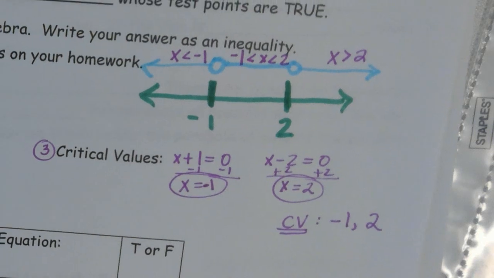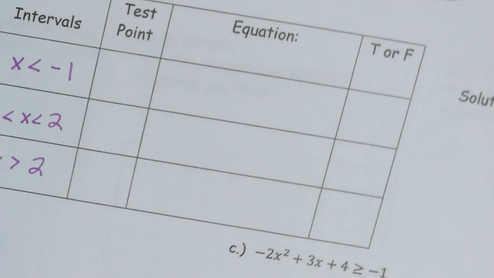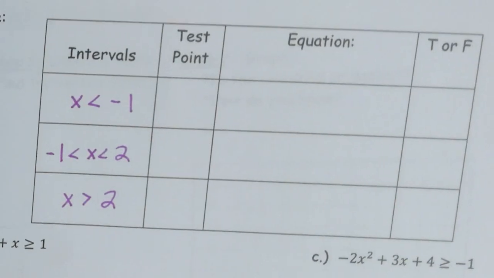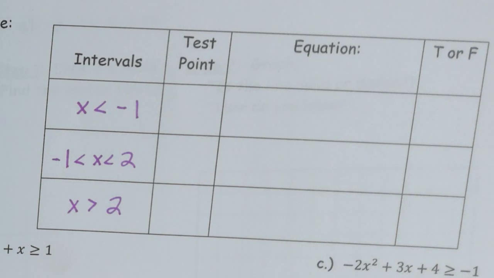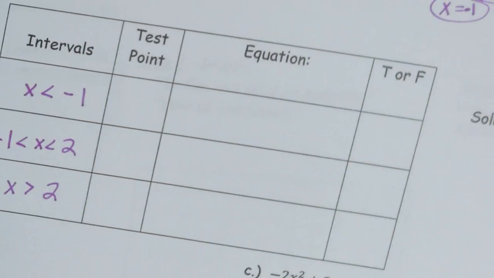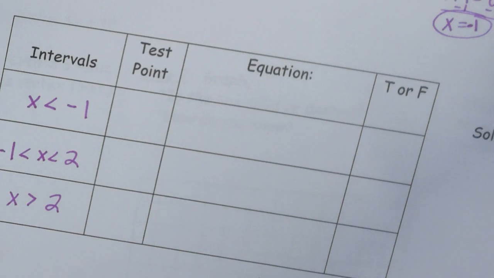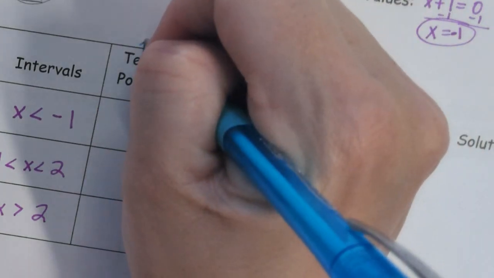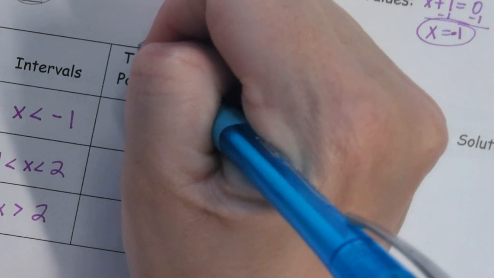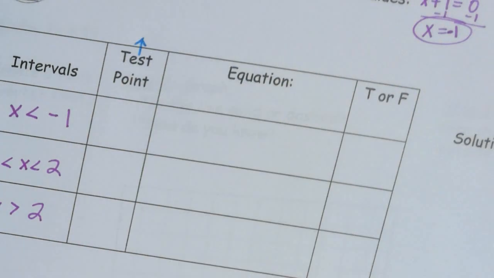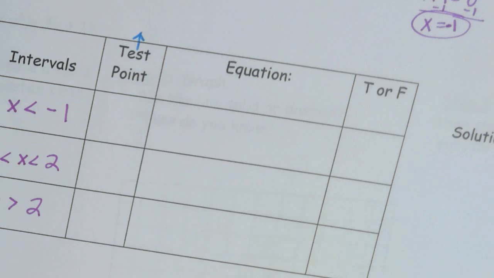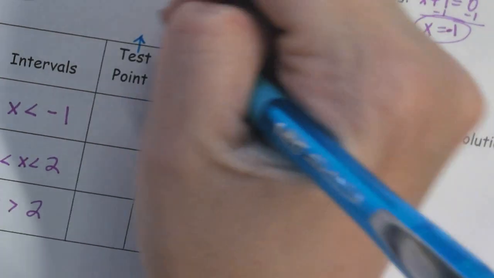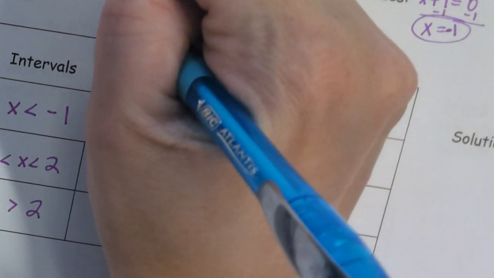Alright, you guys ready to fill out the table together? The second column is the test point. What you're going to do is pick a number in the interval that's not a critical value. The critical value should produce a true statement because we know that it makes this true, so you can't pick the critical value.